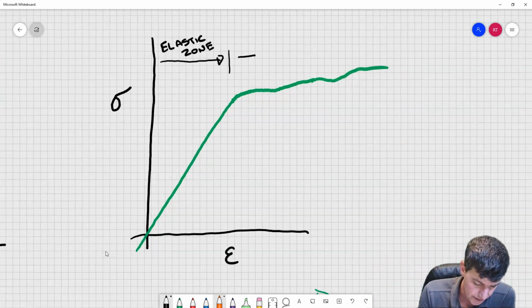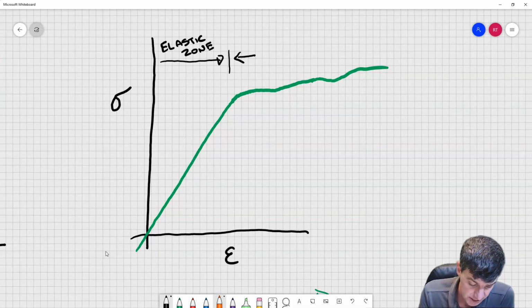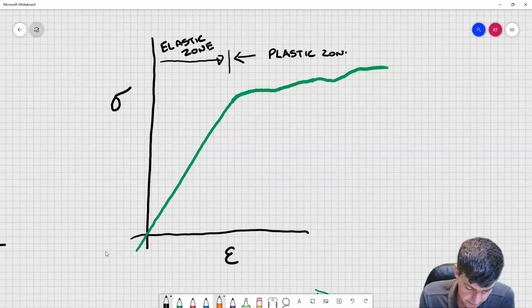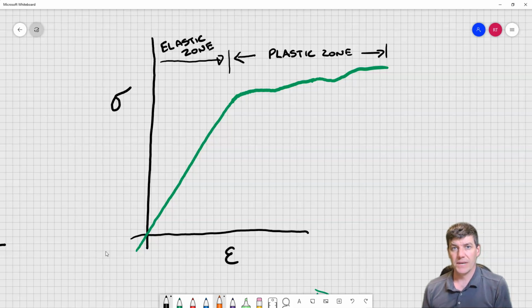We then have a case where if we exceed the limits, we are into what's known as the plastic zone. The plastic zone is one where permanent deformation occurs. So if we stretch it to that point, we're going to see that deformation when we unload.